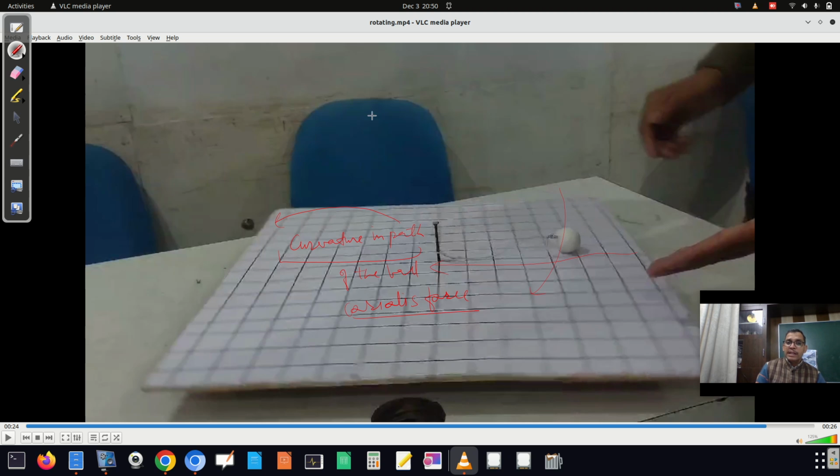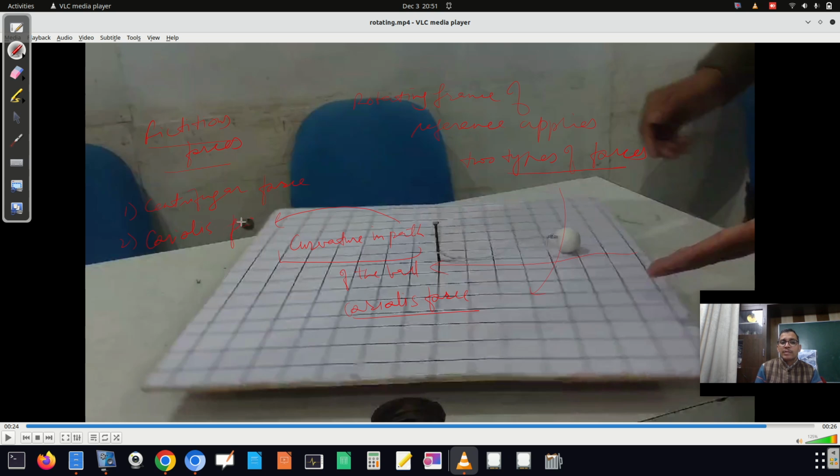So a rotating frame of reference applies two types of fictitious forces: one is the centrifugal force and another is known as the Coriolis force.